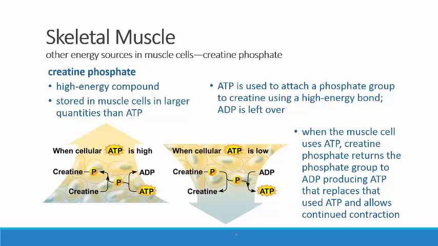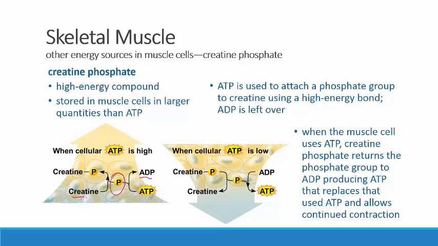So when there's a lot of ATP available in the cell, then we fill up the closet, fill up our larder with creatine phosphate. And we do this by taking ATP, ripping off the phosphate group, and producing ADP. So we take ATP, turn it into ADP by taking off the high energy phosphate group.